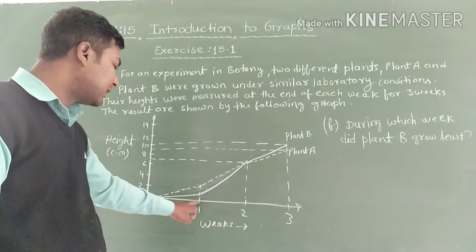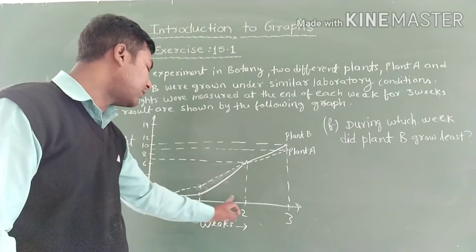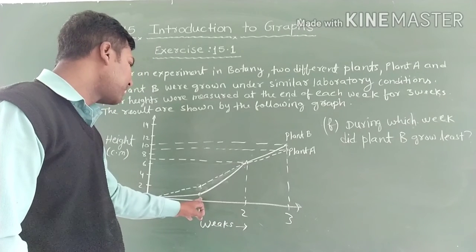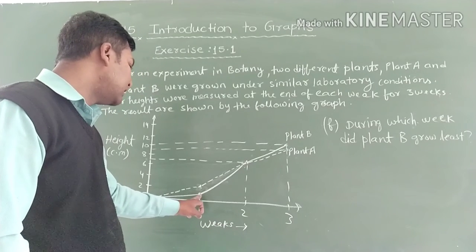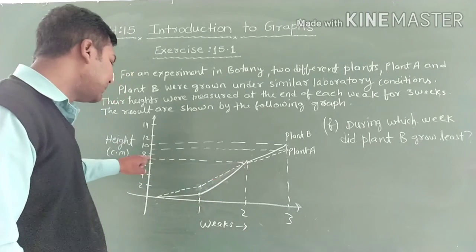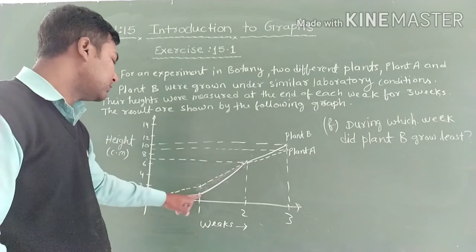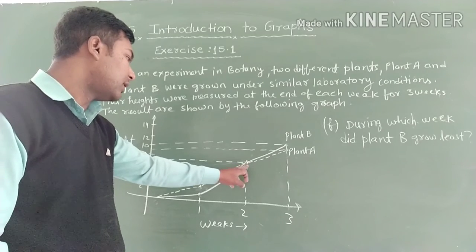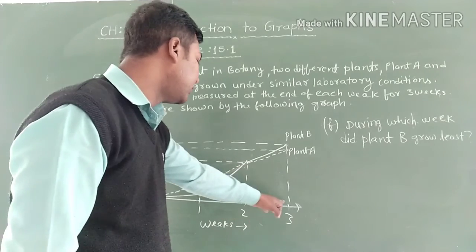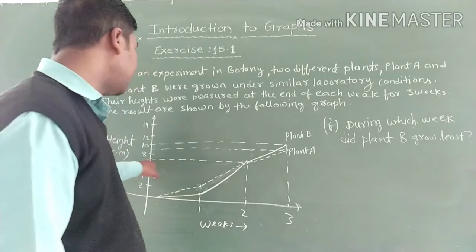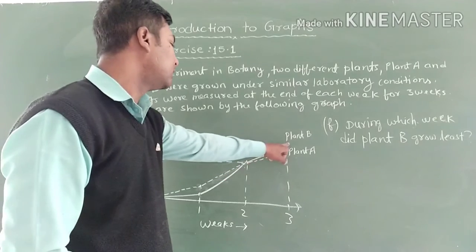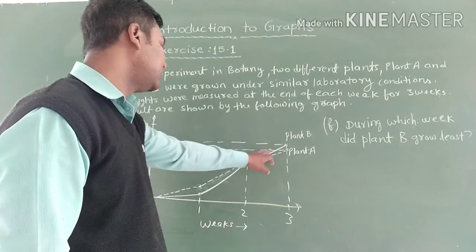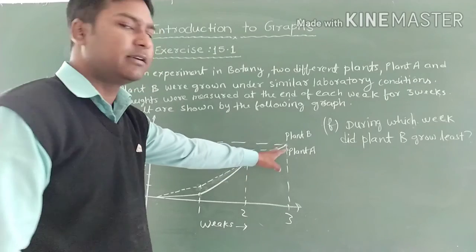Now from the first week to the second week, the plant grows from 1 centimeter to this one, 7 centimeter. I think this was the highest growth. Now from the second week to the third week, the plant grows from 7 centimeter to this one, that is 10 centimeter. Okay, 7 to 10, that is 3 centimeter growth in the third week.